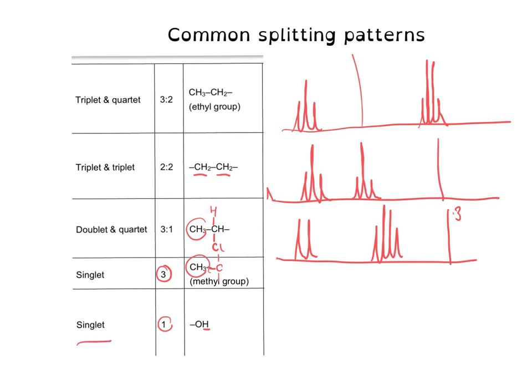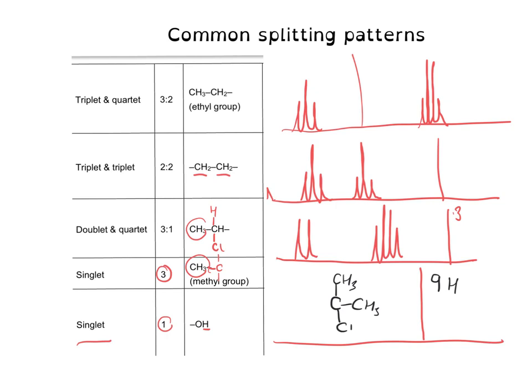One that is not mentioned here that is really common, if you have got a branched molecule and you have a singlet that has got an integration ratio of 9 hydrogens, that tells you without doubt you have got a carbon that has got 3 methyl groups on it.